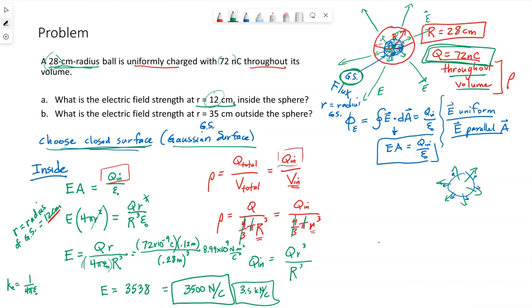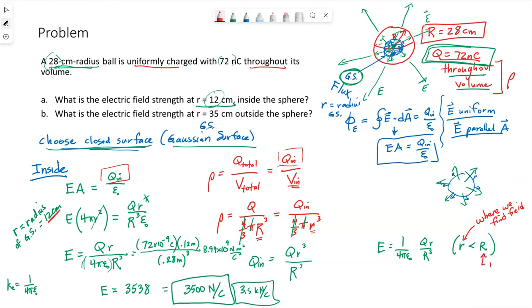Okay, so this equation that we've come up with, where we had Q lowercase r over capital R cubed, this equation is valid as long as lowercase r means where we find the field, where we're calculating the electric field at.